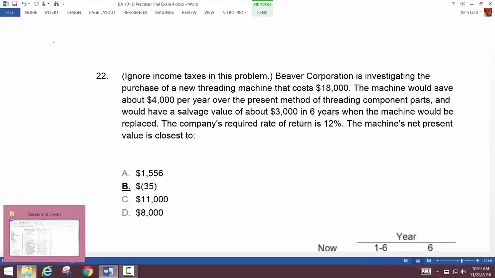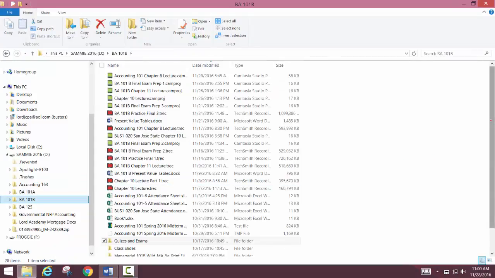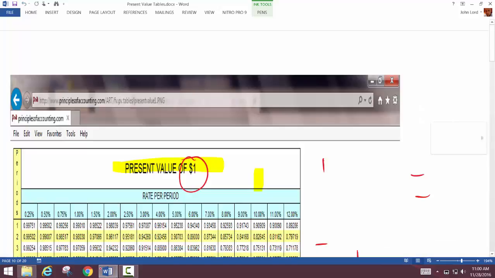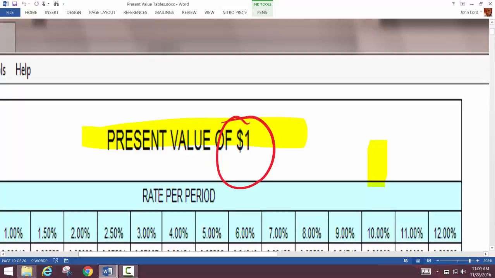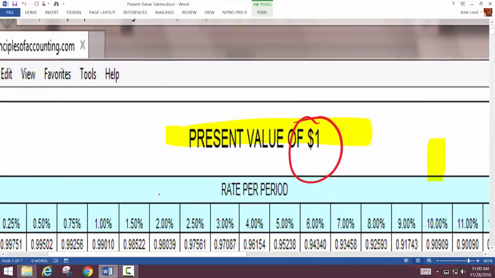And I guess I better get the present value tables out, right? I guess I can use these. I don't know.